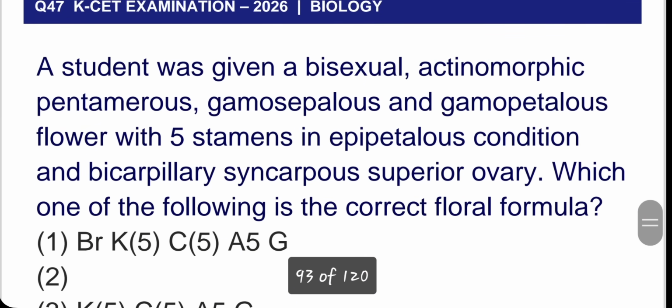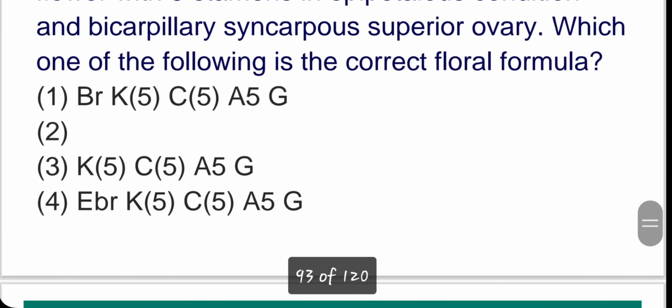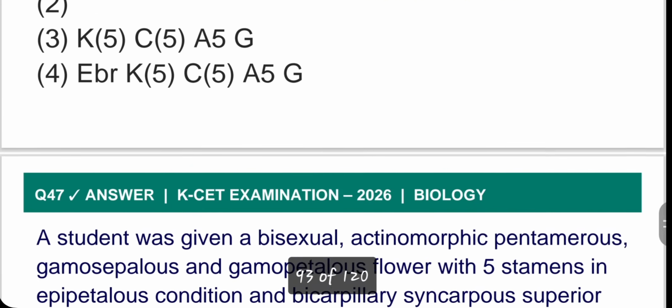A student was given bisexual actinomorphic pentamerous gamosepalous and gamopetalous flowers with 5 stamens in epipetalous condition. Here the floral formula is not given correctly. Just notice that A to 5C, there would be an arrow mark indicating the epipetalous condition.